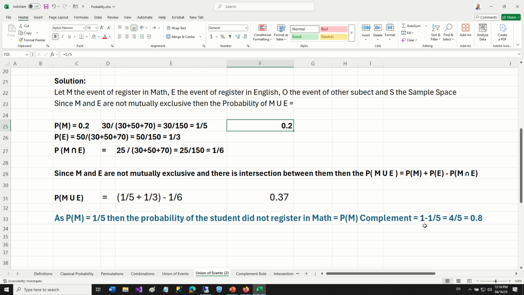And this is the probability of the students who did not register in math only. It is not covering those who registered in math and English.